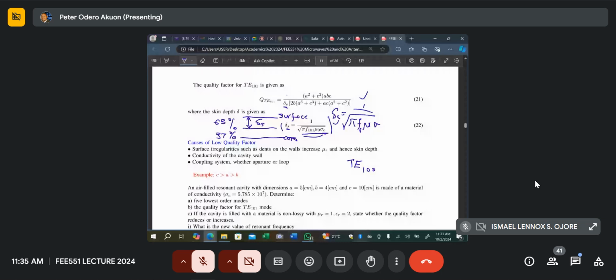Then determine the quality factor for the TE101 mode. Then now we fill it with a non-lossy material with a relative permittivity of 2. And you're supposed to tell us whether the quality factor reduces or increases. And that's why I was asking you whether you think that the permittivity affects the skin depth.